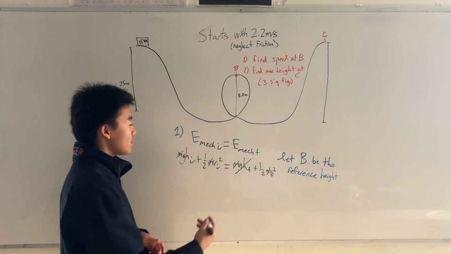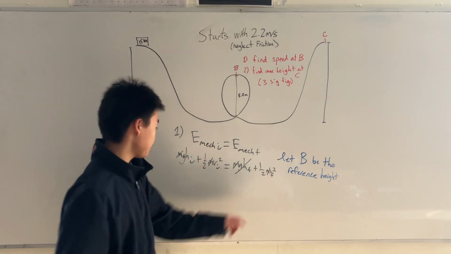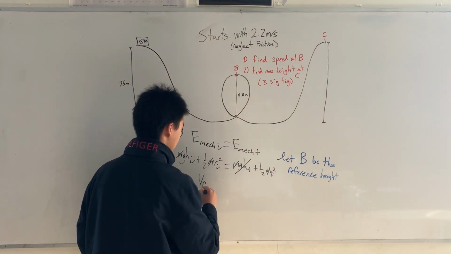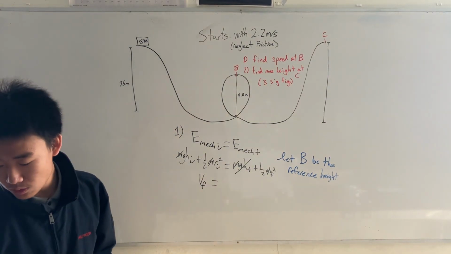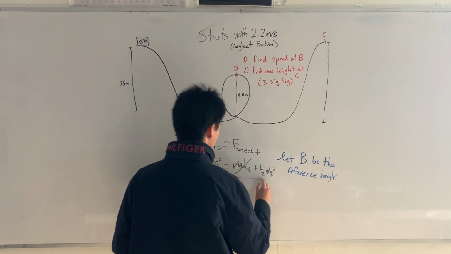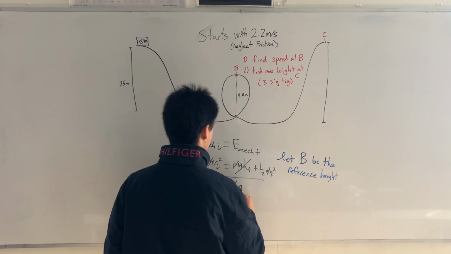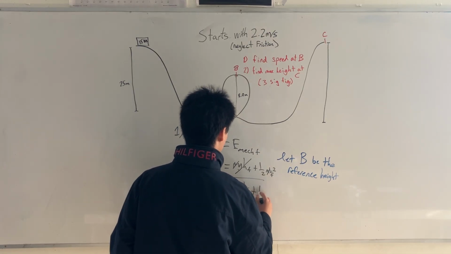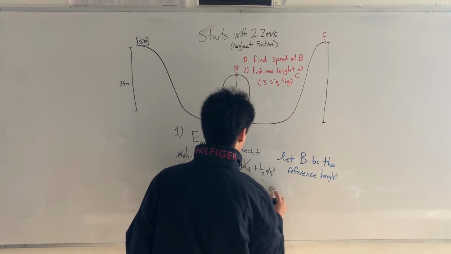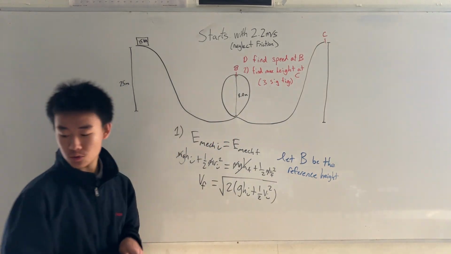Now we want to isolate for v final squared. So we get v final is equal to the square root of 2 times g times h initial plus 1/2 v initial squared.